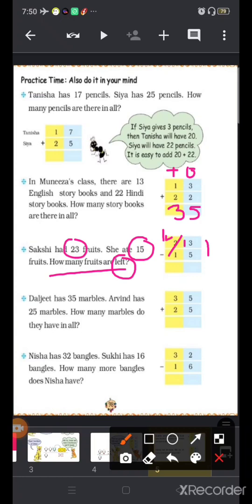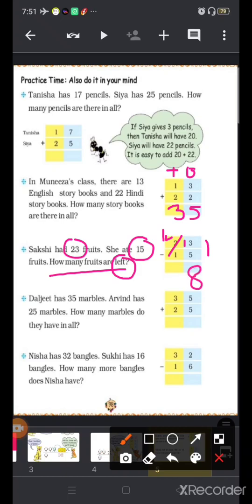How many fingers come out? 8 fingers. Let's count again. We'll start with 6. 6, 7, 8, 9, 10, 11, 12, 13. How many fingers come out? 8 fingers. So you will write 8 here.